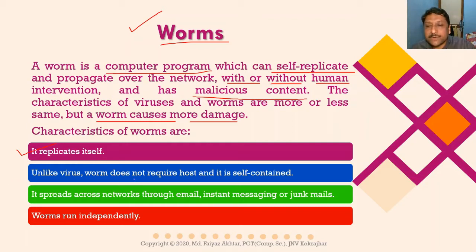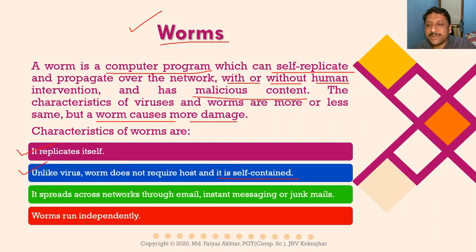Unlike a virus, a worm does not require a host and it is self-contained. Viruses require a host, meaning they come along with other types of files or other types of software, but worms are self-contained. It is itself a complete software and it does not need any host, so it comes by itself.